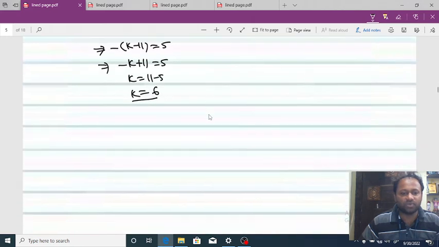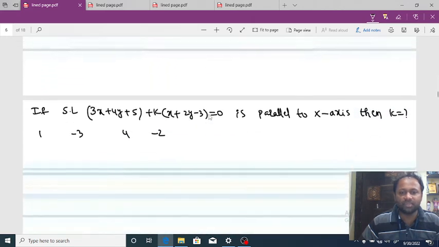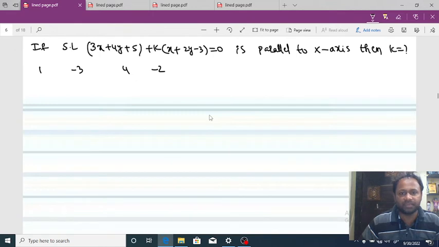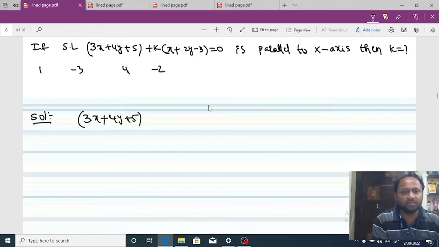Now I am going to do one more problem. What is the one more problem? Yes. If the straight line is parallel to the x-axis, then what is the value of k? Okay. So see the solution. First of all, I will convert the given line, which is 3x plus 4y plus 5 plus kx plus 2ky minus 3k is equal to 0.